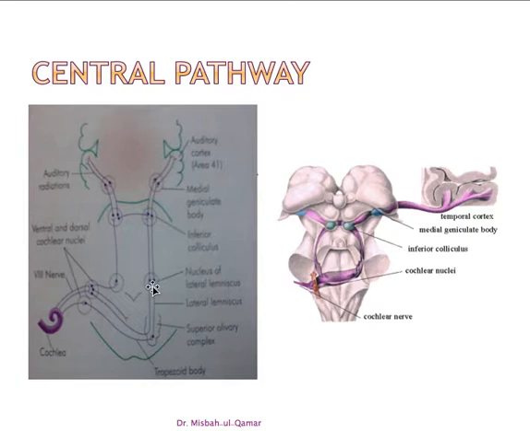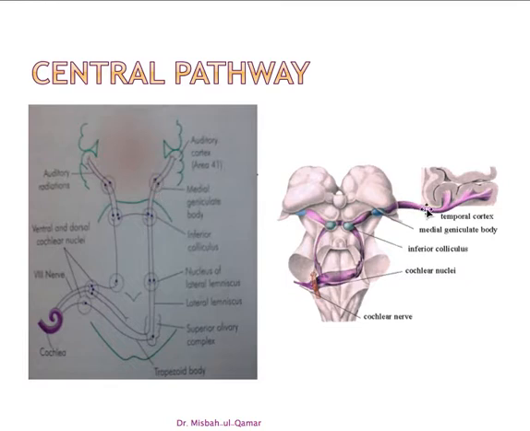So starting from here because here lie the third order neuron, I repeat again that the fibers of the third order neuron end in the medial geniculate body, and this medial geniculate body or nucleus is forming the subcortical auditory center. And then some fibers terminate in the inferior colliculi, and then they go to the medial geniculate body.